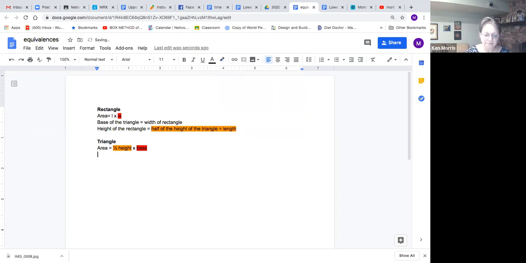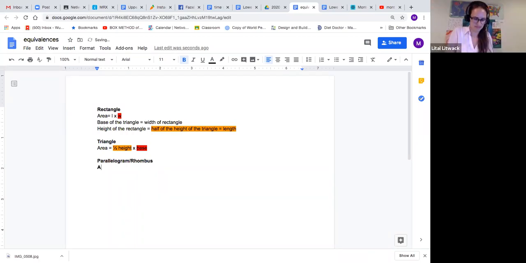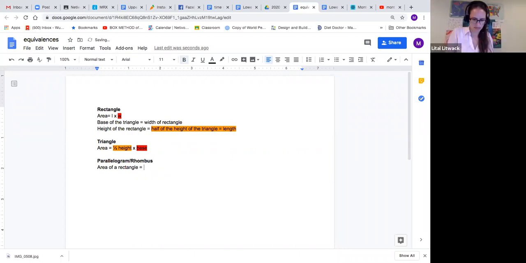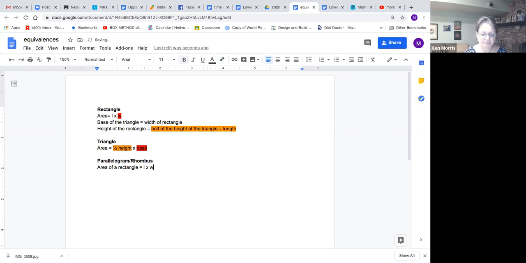Okay, so now let's take a look at the formula for the parallelogram or the rhombus. It'll be the same. So again, the area of a rectangle equals length times width.